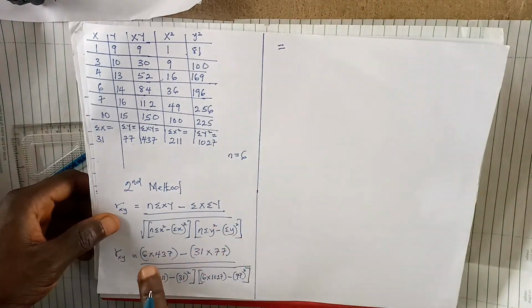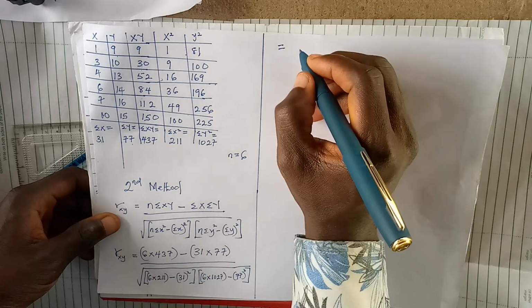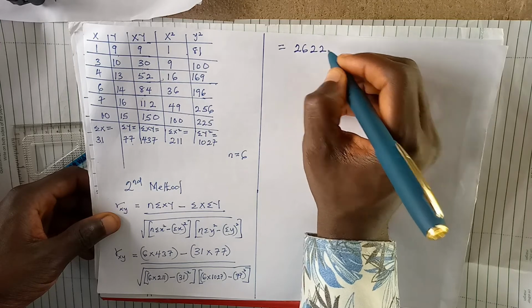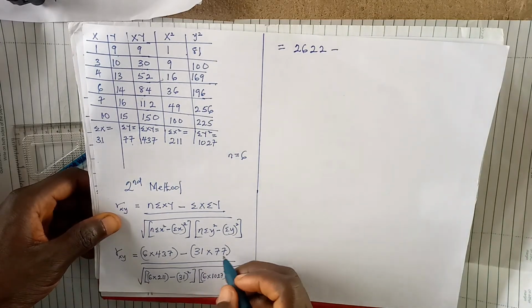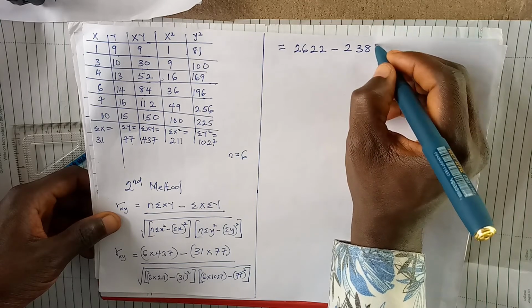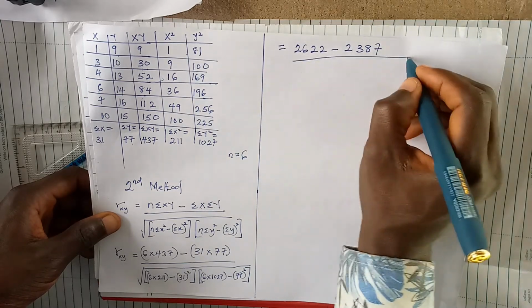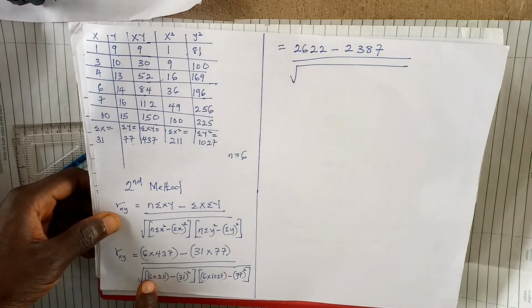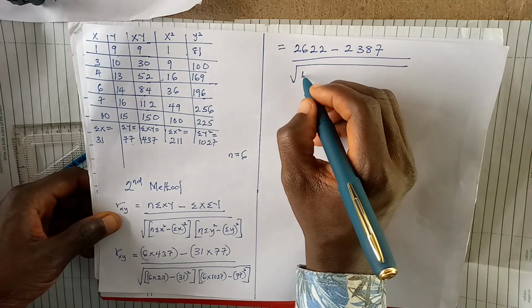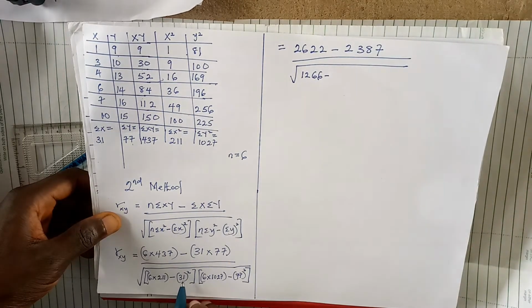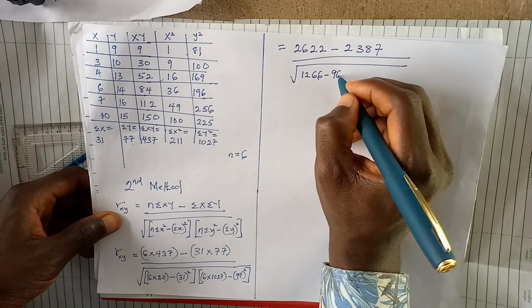So if we multiply 6 by 437, this is going to give us 2622 minus 31 times 77, and that will be 2387. So divided by the square root of 6 times 211, that will give us 1266 minus 31 squared. 31 squared is 961.